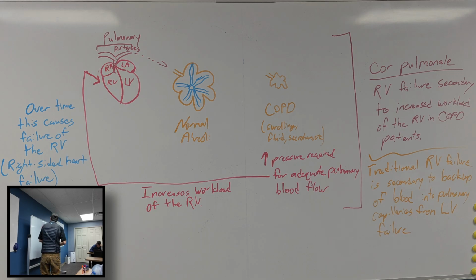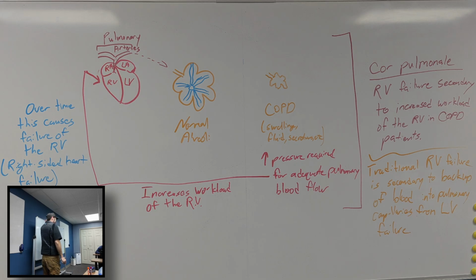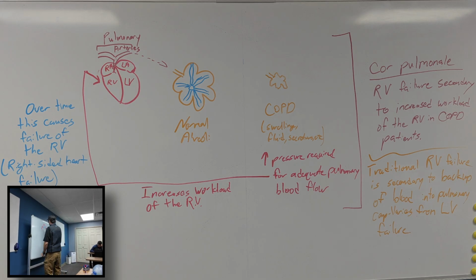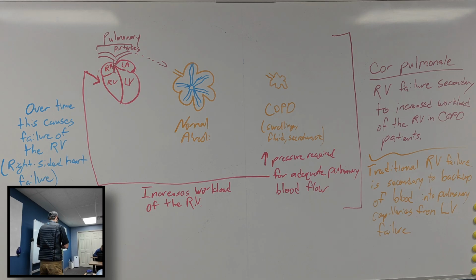All right. Now, what chamber of the heart is responsible for pumping blood to the lungs? The right ventricle. Okay. So it goes from the right ventricle out to the lungs. And then when it comes back from the lungs, where does it go? The left atrium. Okay. From the left atrium, where does it go? Through the mitral valve to the left ventricle.